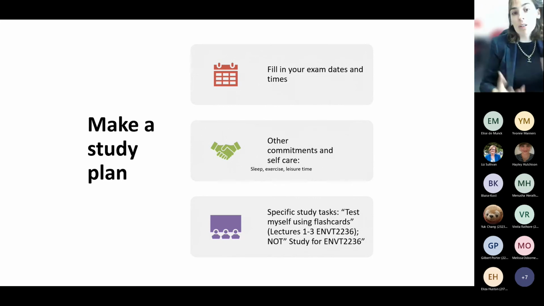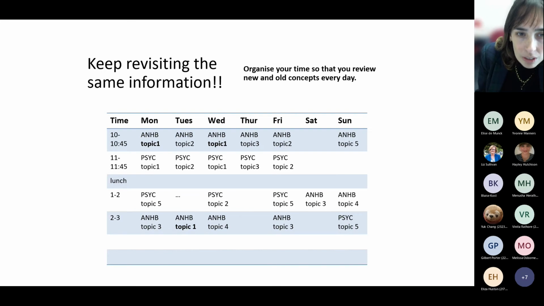It's particularly important to hold on to your self-care routines, even add in more as it approaches exams, because it's just a stressful time. There's no way around that, but you can reduce those feelings of stress. And so you're organizing your time so you're returning to old concepts, learning new concepts every day.